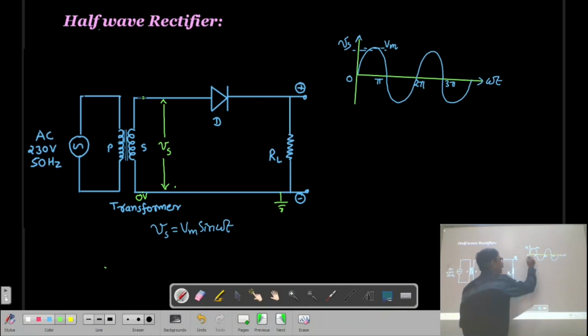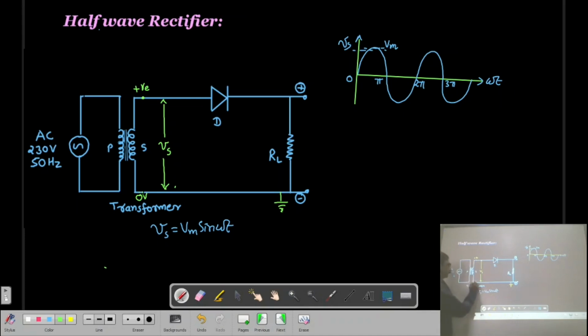So whenever we have a positive cycle, this voltage will be positive. And whenever we have a negative cycle, this end of the secondary will be negative. Why? Because this end is connected to the ground and it is my reference voltage.